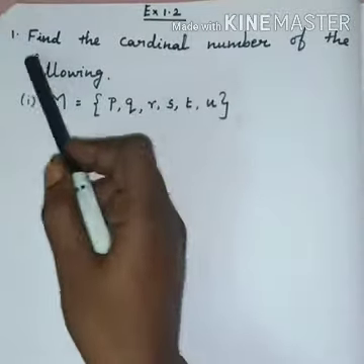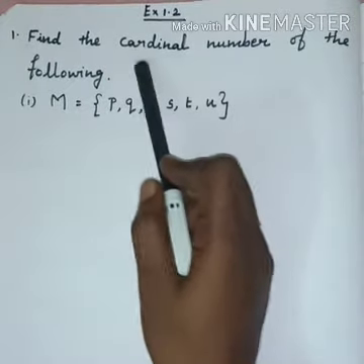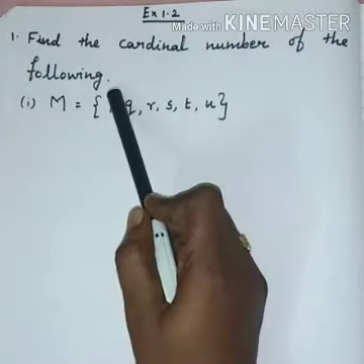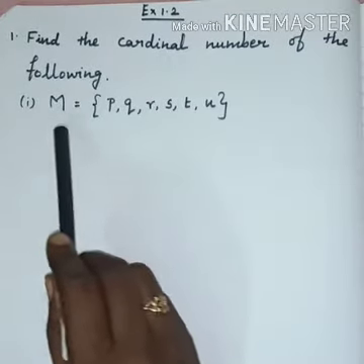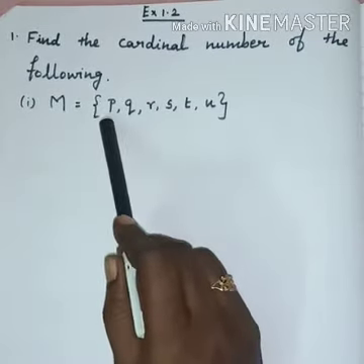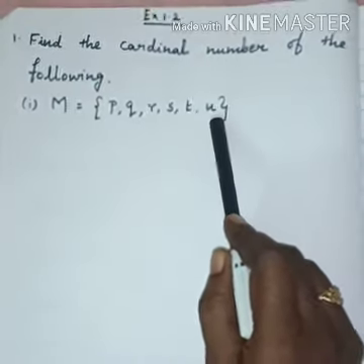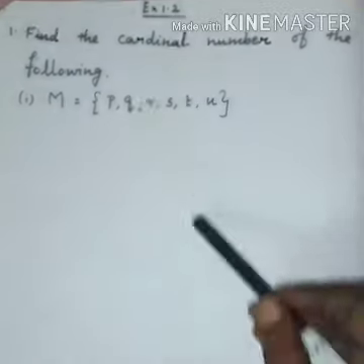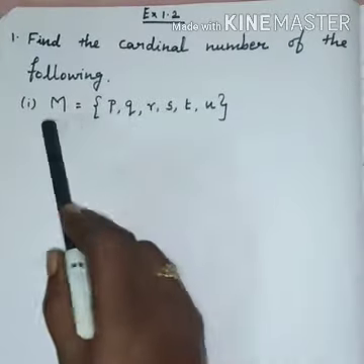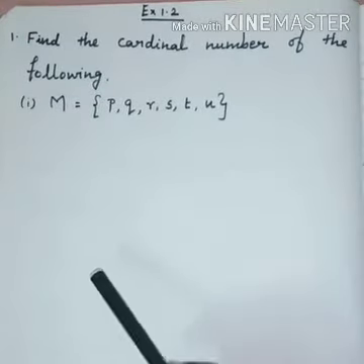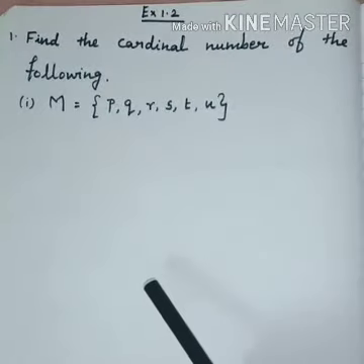Exercise 1.2. First sum. Find the cardinal number of the following. First subdivision. Capital M is equal to the set {P, Q, R, S, T, U}. We have to find the cardinal number of the set M. What is cardinal number?